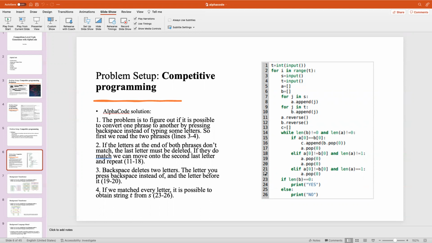Lines 19 and 20 are the backspace, which is the operation defined in the problem definition. And the last three lines just return the final results. So this is the solution of AlphaCode, and it's correct, and it's also very effective.